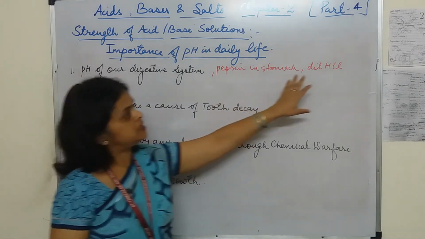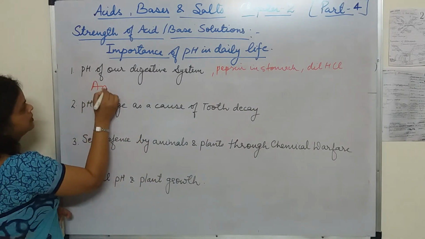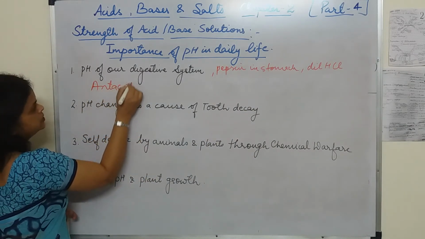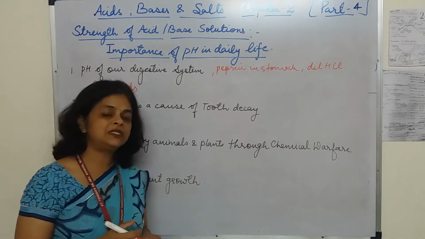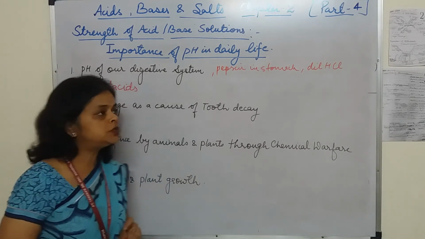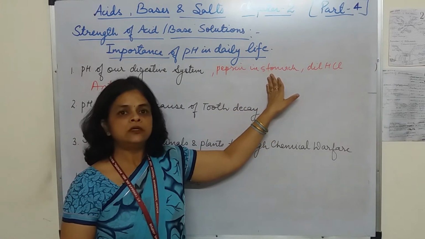Now, to neutralize this acid, generally antacids are given. So what are antacids? They are substances administered inside the body to neutralize the excess acid produced by the walls of the stomach.